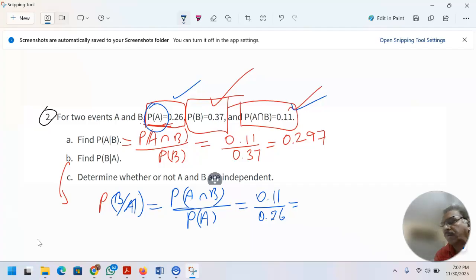If you use the calculator, you get 0.423. So that takes care of the two questions.